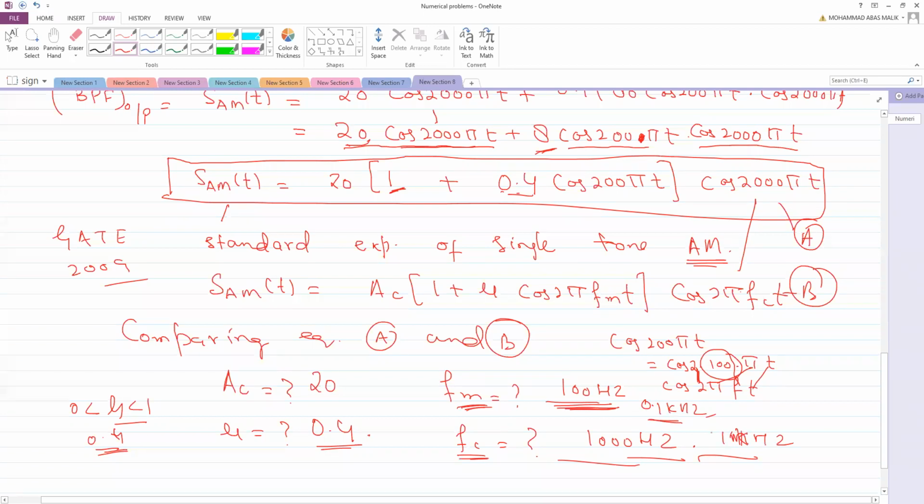There's a hell of a difference between these two, right? Yes or no? Anybody having any confusion? Please tell me.